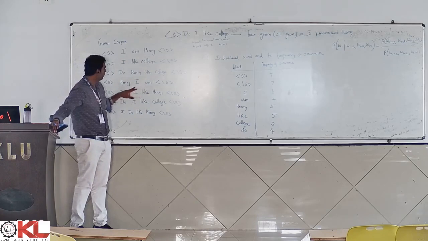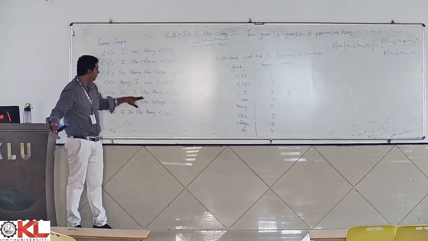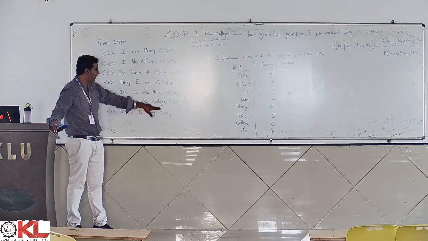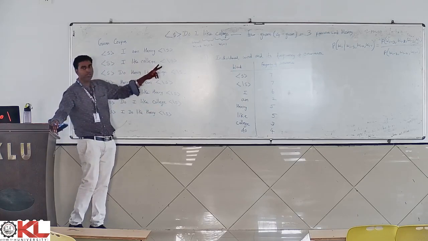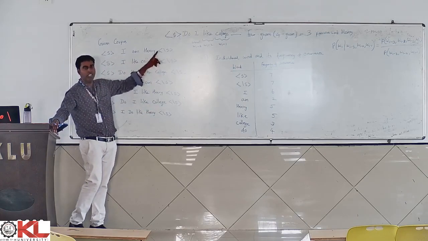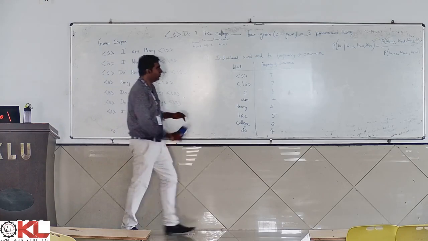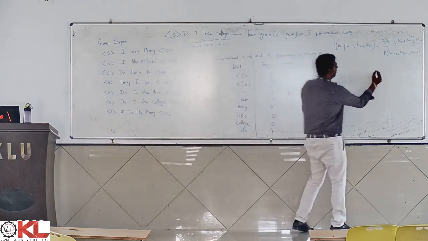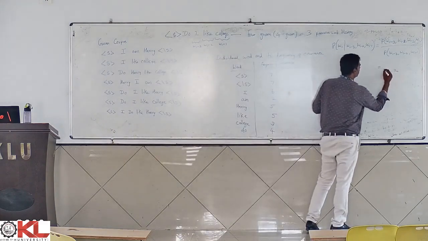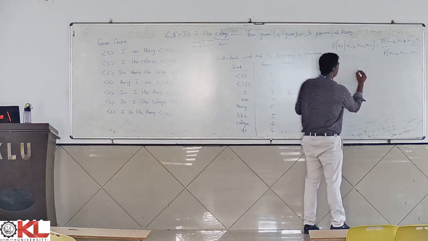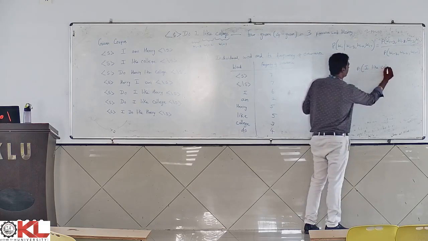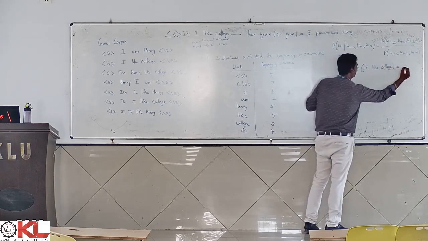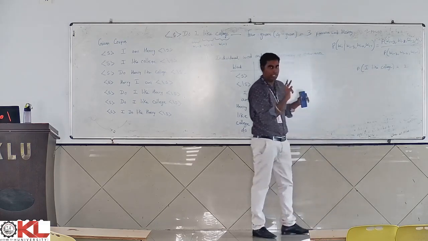Third, no. Fourth, no. Fifth, no. Sixth, again the sequence occurs. So in the given corpus, the sequence I like college occurs two times. So the denominator value becomes 2.